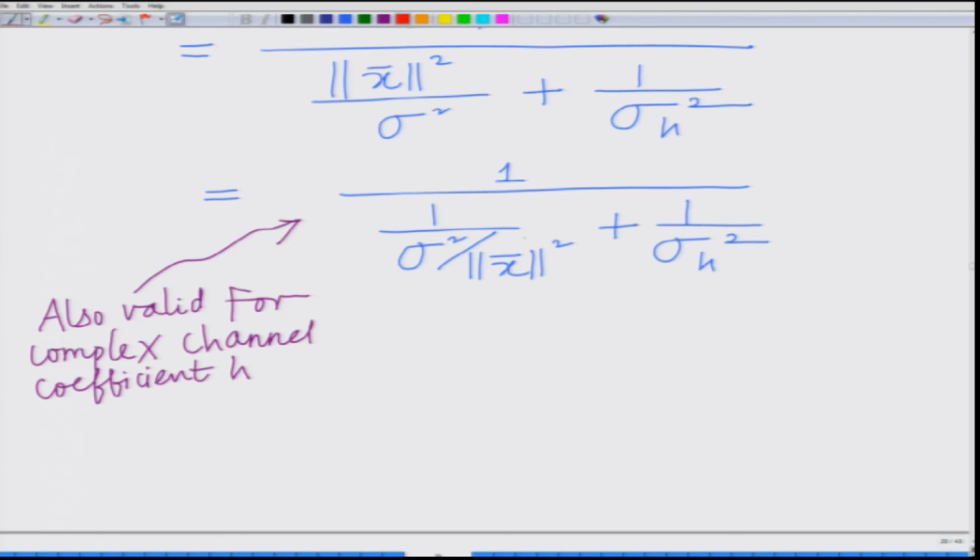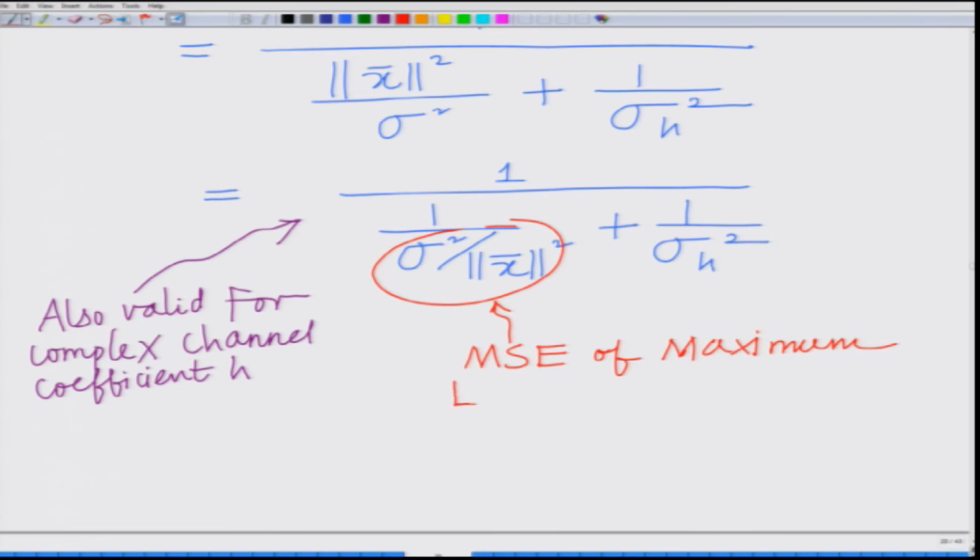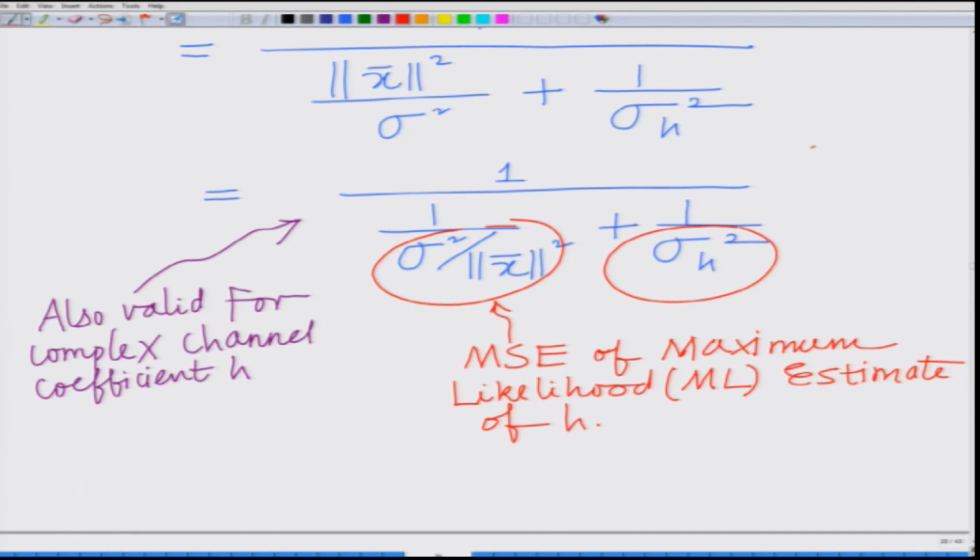And now you can see what this quantity is. Again, this quantity is the MSE, or mean square error, of the maximum likelihood or ML estimate, and this quantity is the variance of the prior, that is, h is a Gaussian channel coefficient with mean mu h and prior variance sigma h square.